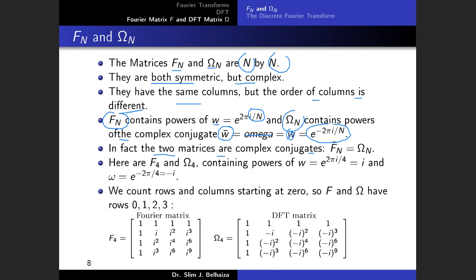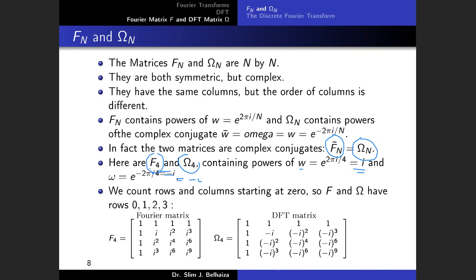So you can say that the conjugate of Fn, the Fourier matrix, is the omega matrix, the discrete Fourier matrix. Here, in this example, are F4 and omega 4, both containing powers of W, which is equal to e to the power 2 pi i over 4, which in fact should give you i, and the conjugate, e to the power minus 2 pi i over 4, which should give you minus i.